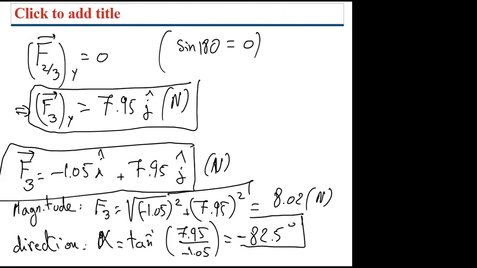Yes. Why? Because our vector is in the second quadrant. So this is our vector f1 on 3, and this is our vector f2 on 3. Their sum will be in the second quadrant, around here.